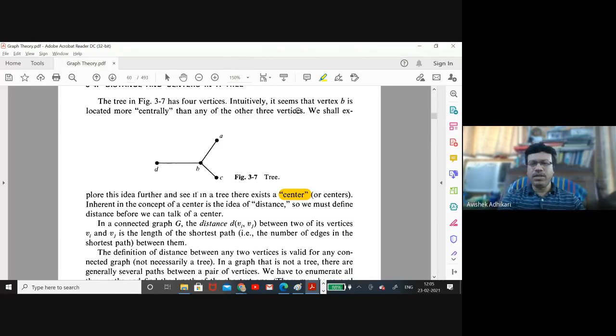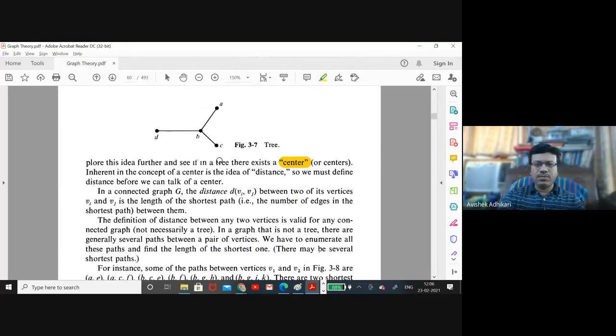Intuitively it seems that the vertex B is located more centrally than any other three vertices. So it looks like B is the central vertex. We shall explore this idea further and see if in a tree there exists a center, or how many centers could be there.